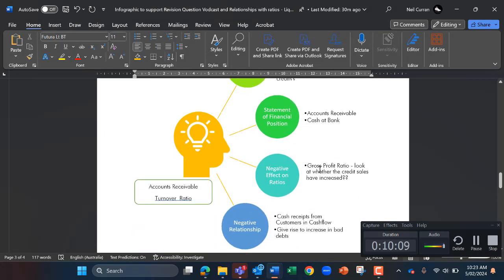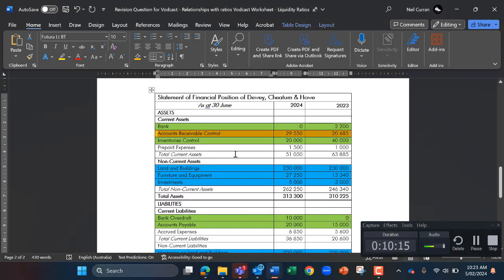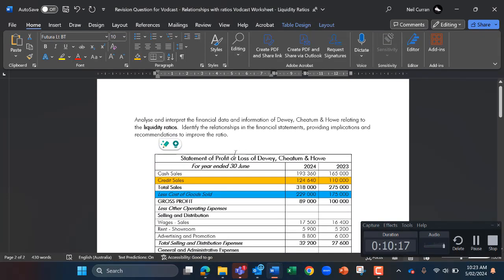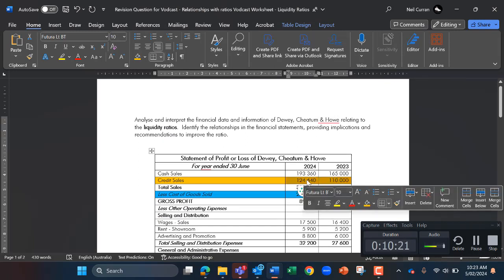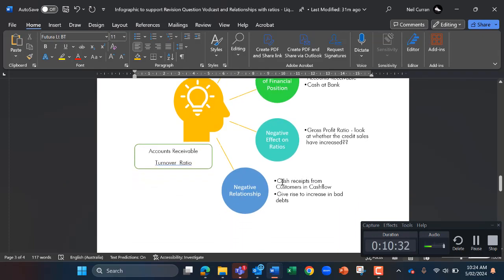Now, it'll have a negative effect on the following ratios. Because this isn't working, you'll probably see our credit sales have gone up, which is good, but however, we want that to obviously turn into cash, which is not happening at the moment. Furthermore, we need to look at our cash flow statement.